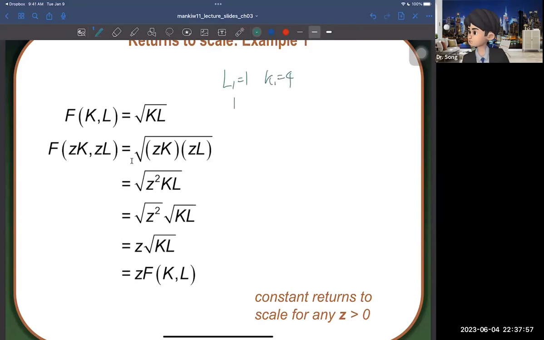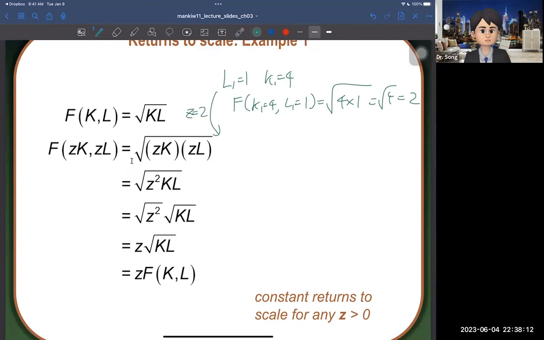So then the output is F of K1 equals 4, L1 equals 1, then square root of 4 times 1, that is square root of 4, that is 2, okay? Now, you double the input. So I'm using Z equals 2 because it's easy to handle. So then L2 is 2 times L1, right? So that is 2. And K2 is 2 times K1, that is 8, right?